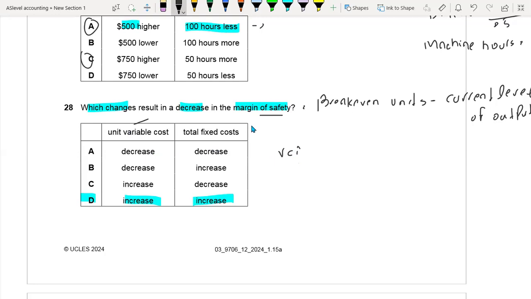And if we talk about total fixed cost, if total fixed cost increases, the company needs to cover more fixed cost before making a profit, which also increases the break-even point. So both increases in unit variable cost and total fixed cost result in a higher break-even point, which decreases the margin of safety. That's why option D is the right option.